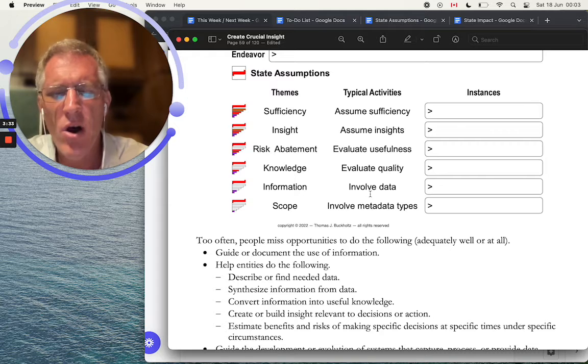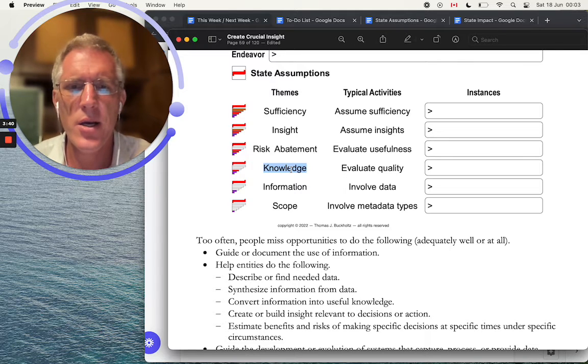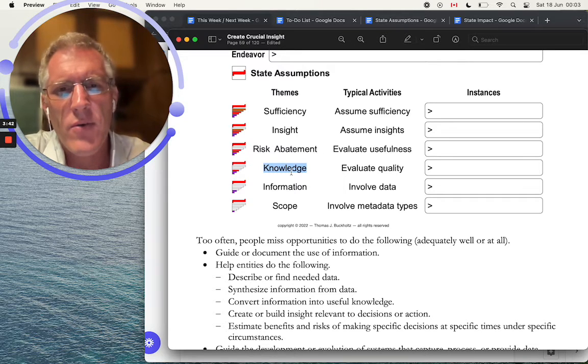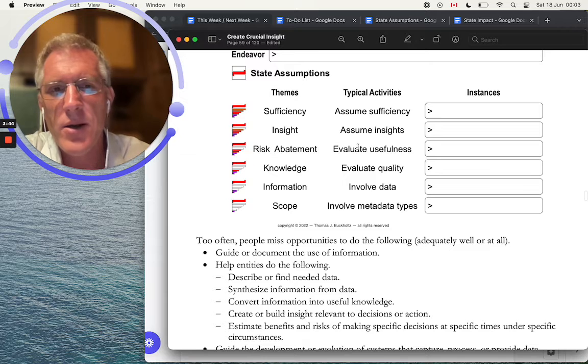And then the knowledge is like the quality. If you have good quality data, then you can create good quality knowledge. Of course, it could be great knowledge but off topic. So we also have to evaluate the usefulness to abate risk.